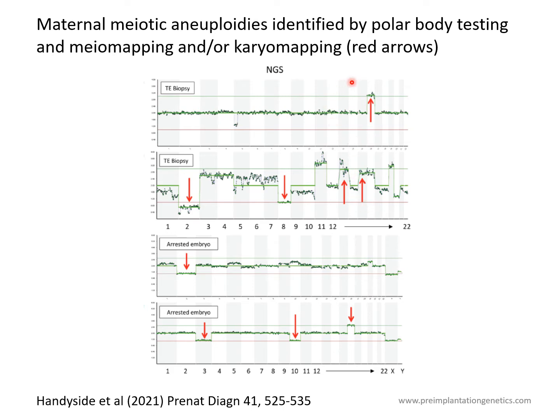So for meiotic trisomies, in this example here, this example, and this example, there was clear evidence for two maternal haplotypes in regions of these chromosomes. In the case of losses, indicated here, it turns out that SNP genotyping and karyomap analysis is quite sensitive. So we can't be sure that these are meiotic rather than mitotic, but it's quite likely because we saw no evidence for the missing chromosome.